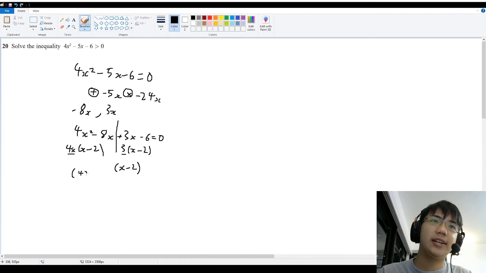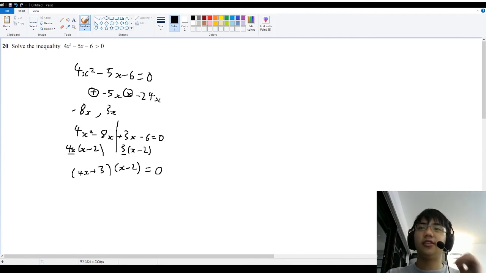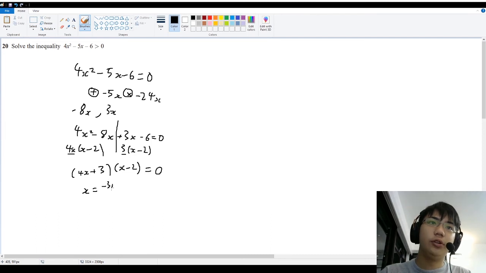So 4x plus 3 times x minus 2 equals 0. So these are the two factors for this equation here. So using this, we can find that x equals negative 3 over 4 and x equals 2.